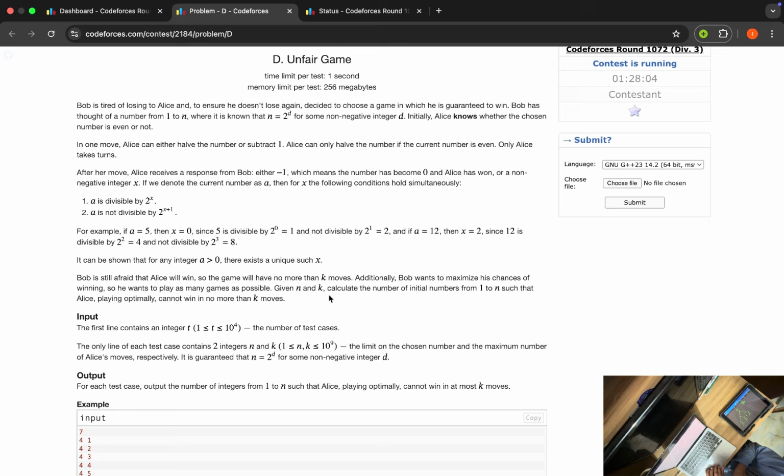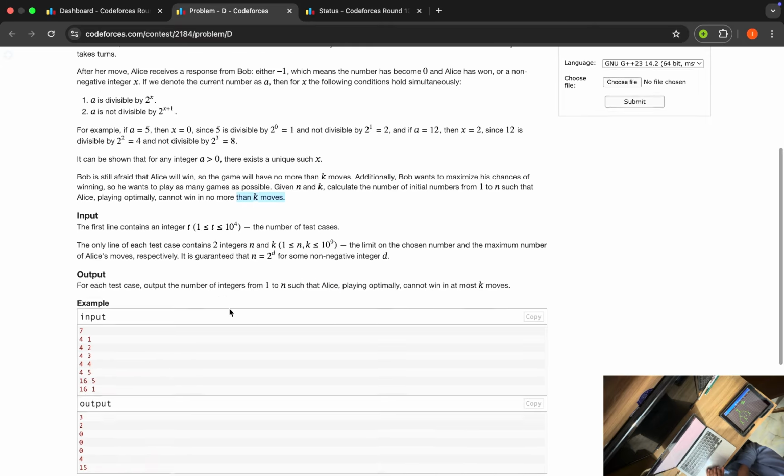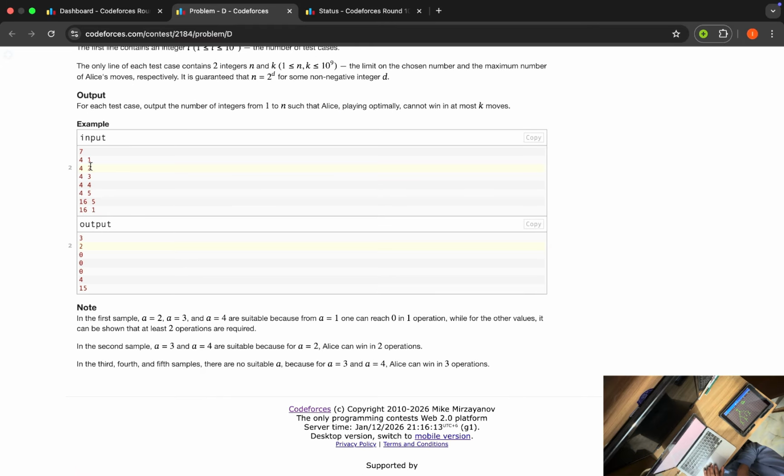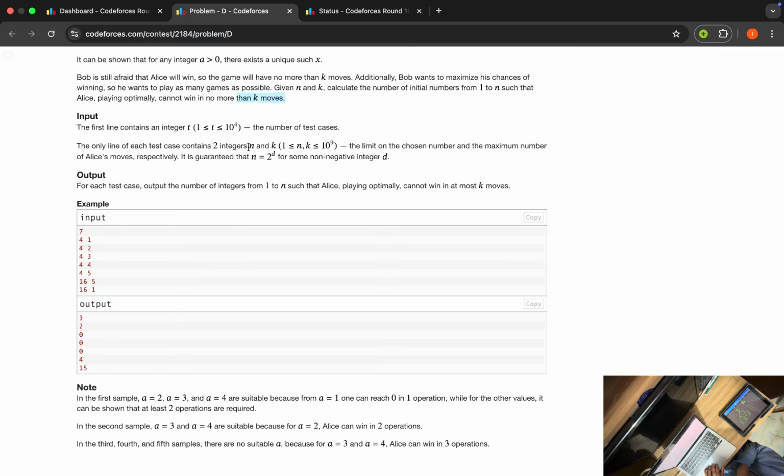Given n and k, calculate the number of initial numbers from 1 to n such that Alice, playing optimally, cannot win in no more than k moves. The input is n and k.